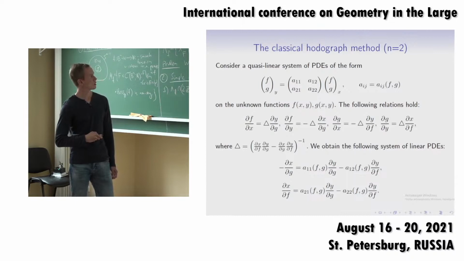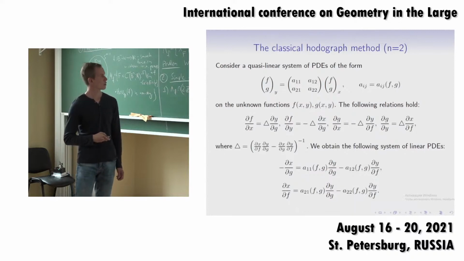After making some simple calculations, we obtain such a system of PDEs on the unknown functions x and y, which depend on f and g. And in contrast with the initial system, this one is linear, and sometimes it is easier to deal with a linear system.